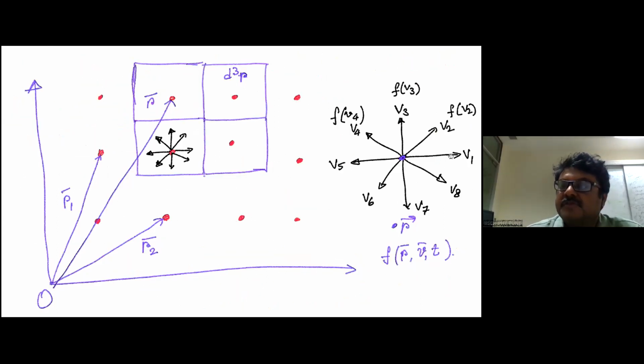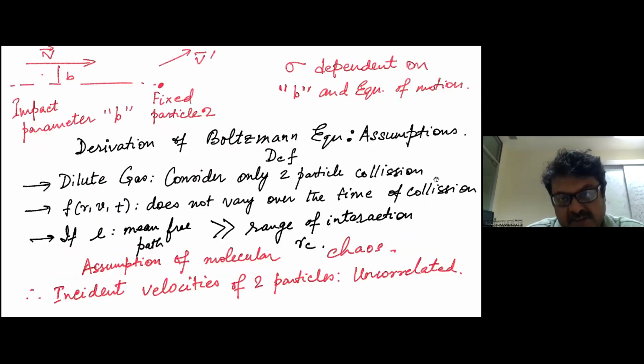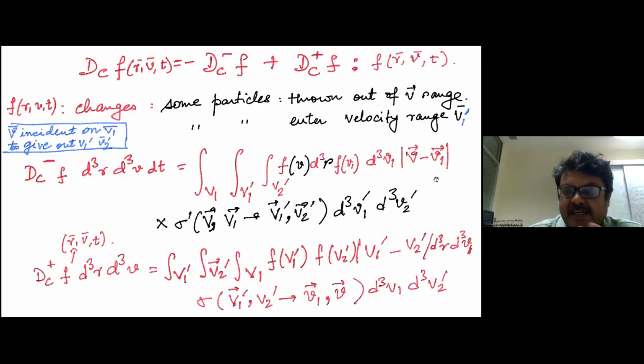The particles moving with velocity v1, on colliding with particles with velocity v2, depending upon the scattering cross section, could go and have velocities v3, v4, v5, v6, v7, right? All possible things. And on collision, what velocity it will occupy will depend upon the scattering cross section. So that is what is being said. So here we are really looking at the decrease of f of v.